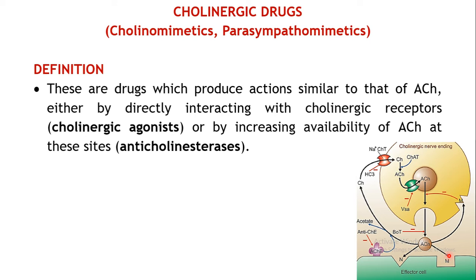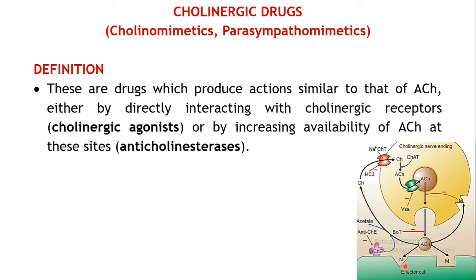Now, how are these cholinergic drugs acting? They can act in two ways and they will have action similar to that of acetylcholine. Either they will directly interact with these cholinergic receptors, the nicotinic and muscarinic receptors. So what these cholinergic drugs can do is directly bind to these receptors and stimulate them, right?